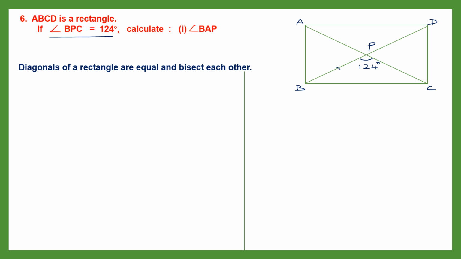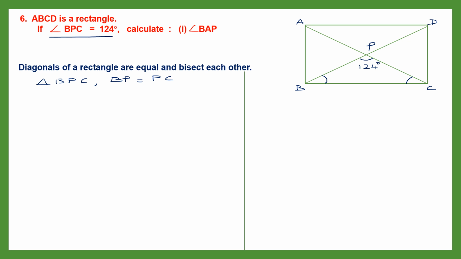So here when you have two lines that are equal to each other, the angles opposite those two equal lines will also be equal. That means this angle and this angle will be equal to each other. So let's write that down very clearly. In triangle BPC, we have triangle BPC. In this triangle BP is equal to PC.